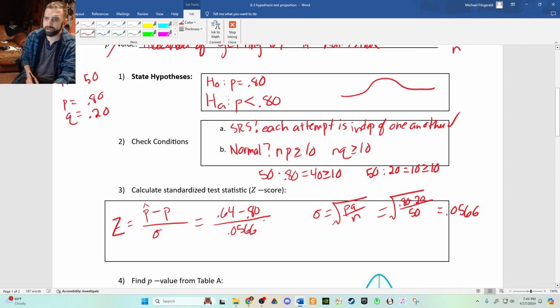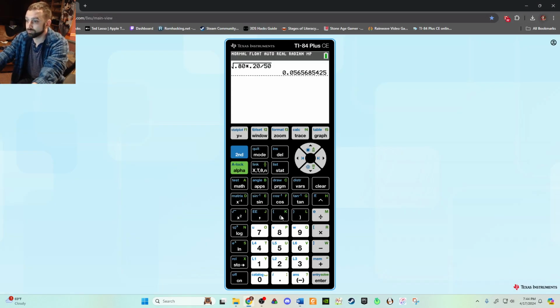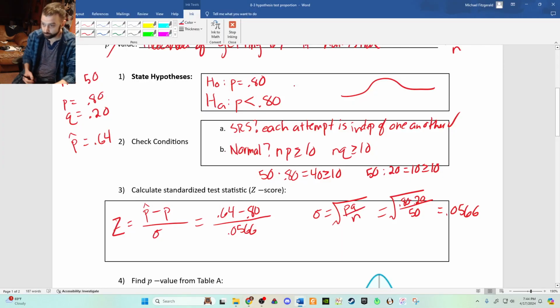I'm going to also just make a note here. P-hat is equal to 0.64. So I get a z-score of negative 2.83. z is equal to negative 2.83.